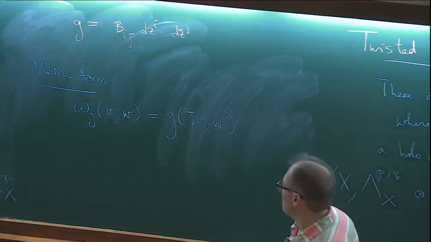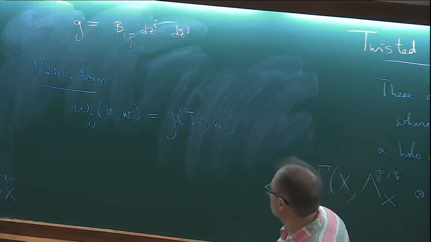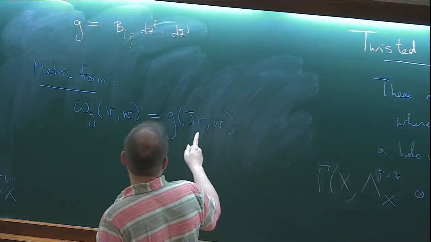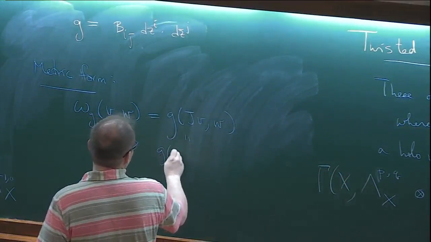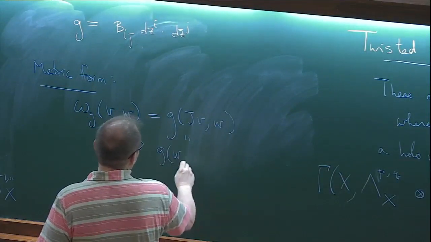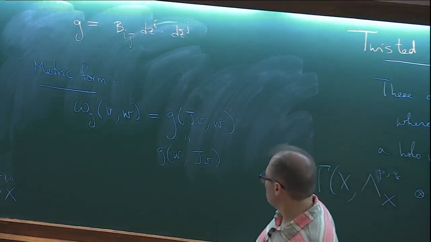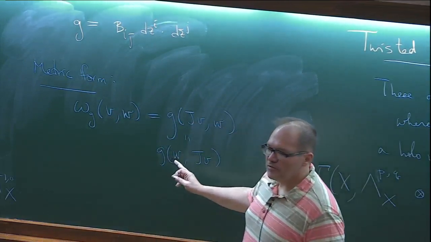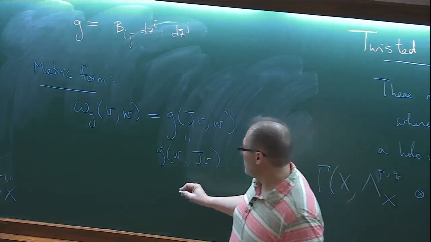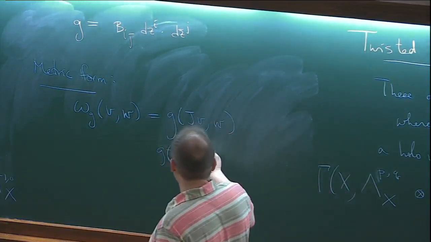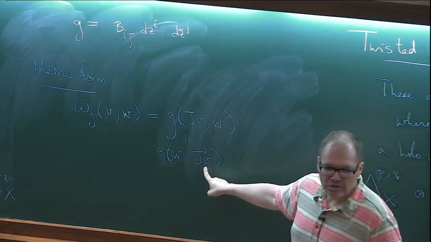Okay? So this is skew symmetric because this is equal to g(w, Jv) by symmetry because it's a Riemannian metric. But then this is invariant under J. So you can put a J here and a J here, and you haven't changed the quantity.